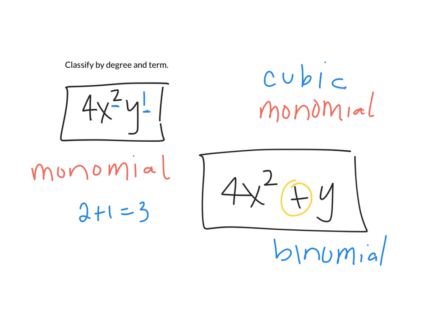And then you're going to look at the largest exponent, and it's a 2, which makes it a quadratic binomial. So be very careful when you have problems that have a plus or minus, or problems that don't, and it's just a product. You're going to have to do some extra math.